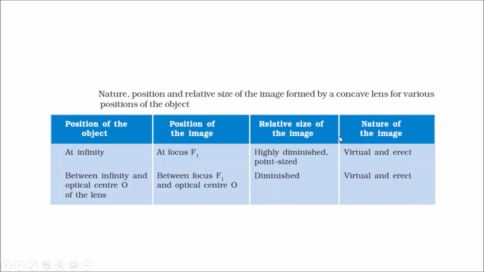If you observe, there is some similarity between the results obtained: concave lens and convex mirror, and convex lens and concave mirror. If you want to recollect and understand, these are the results. The results obtained by convex lens and concave mirror were similar.